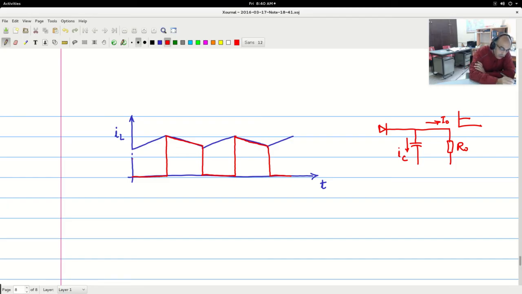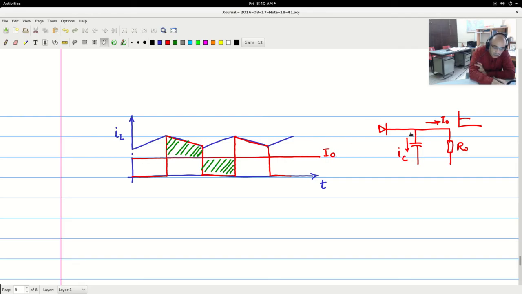And we know that I naught, as it is specified, will be this value. And what flows to the capacitor should be actually this ripple portion, and this is a huge ripple portion. So these two areas should match. This is for the capacitor.